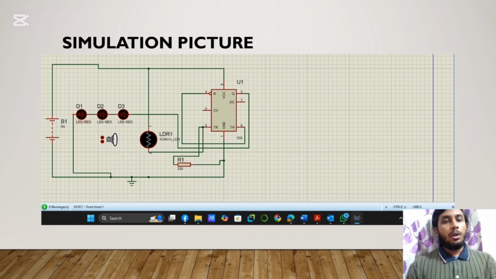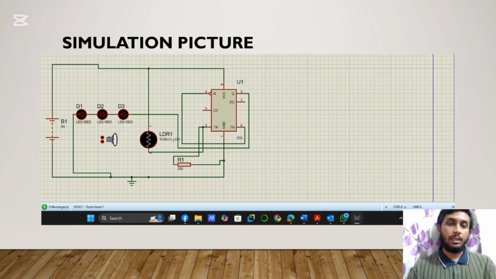By seeing this, you can have a doubt that in the previous circuit diagram we have shown a 10 kilo ohm resistance, but here in the simulation part we have used 330 ohm.